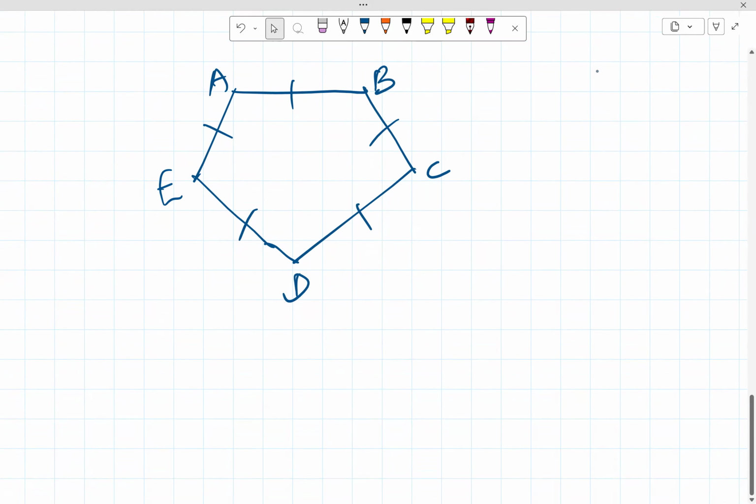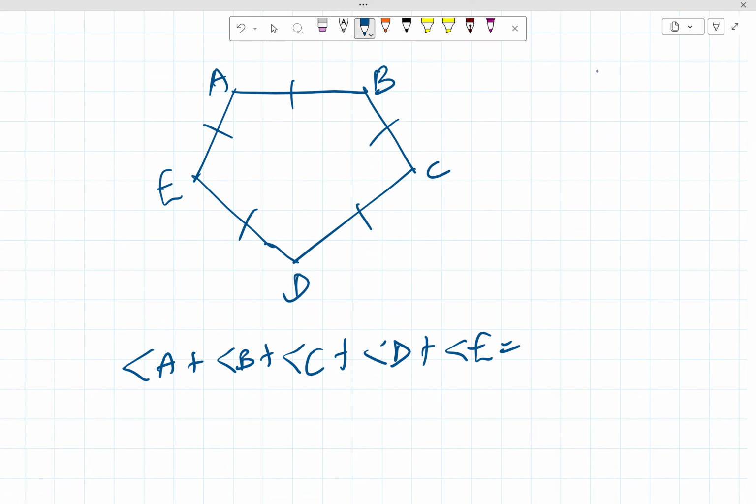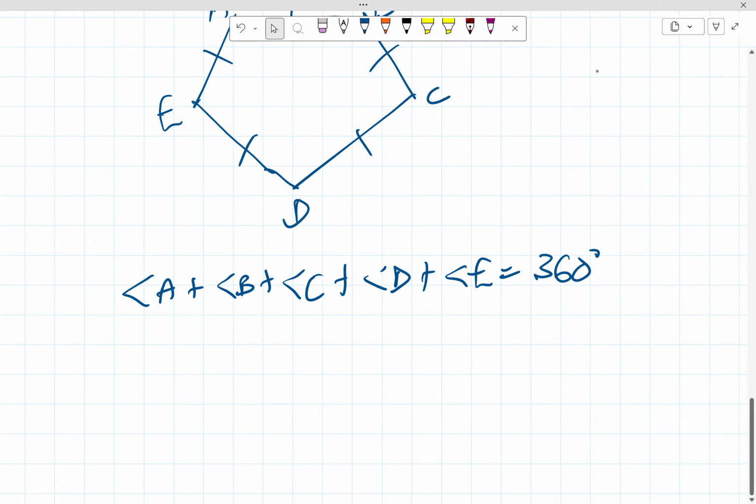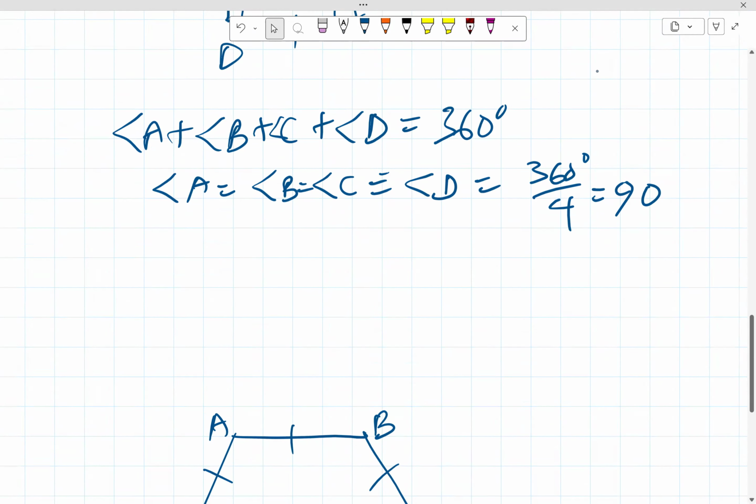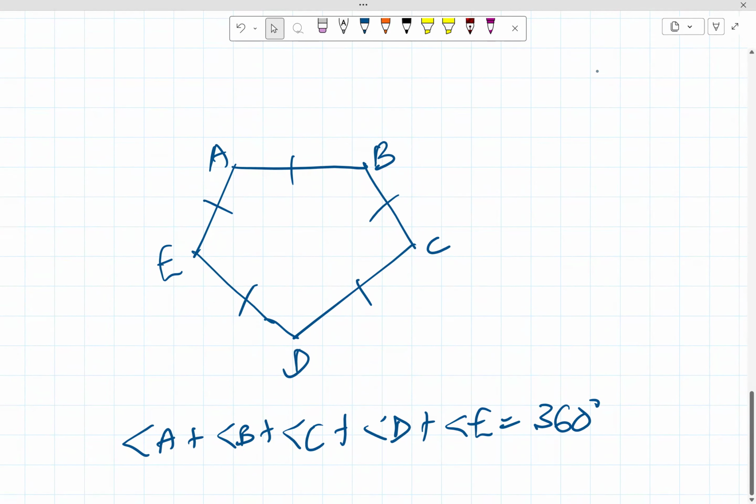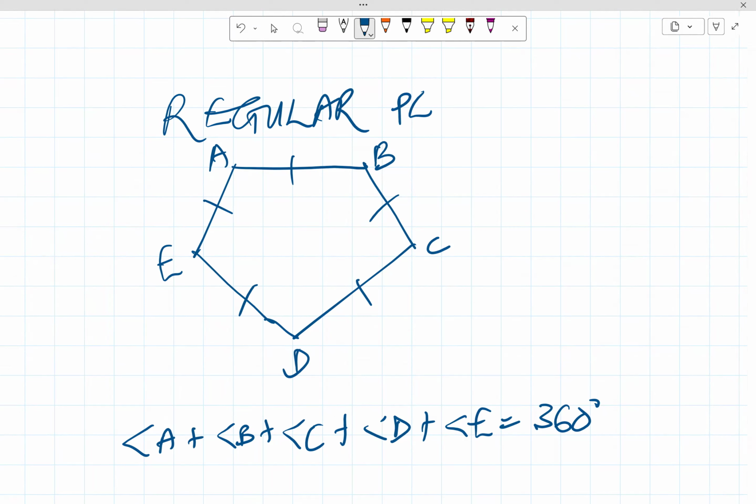In this case, we know that angle A plus angle B plus angle C plus angle D plus angle E should be equal to 360 degrees, right? Since we're talking about a regular pentagon, with five sides and five angles, all the angles are the same.